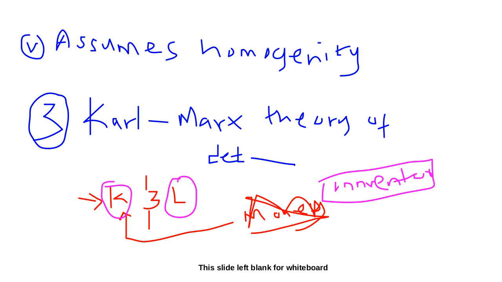So things such as profits and interests are stealings from labor.